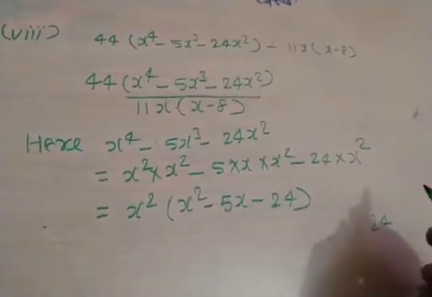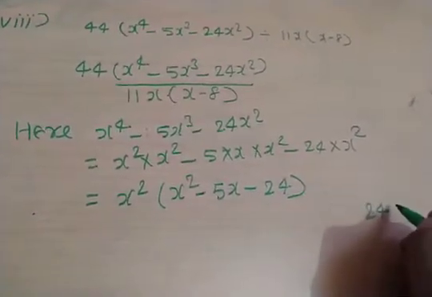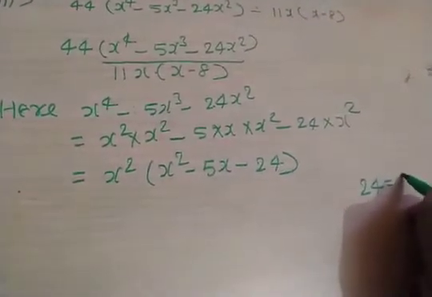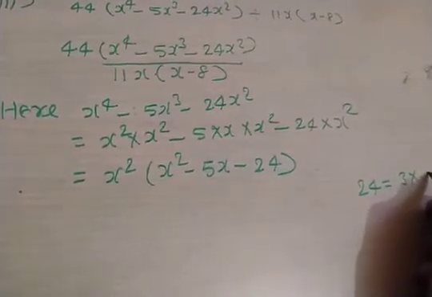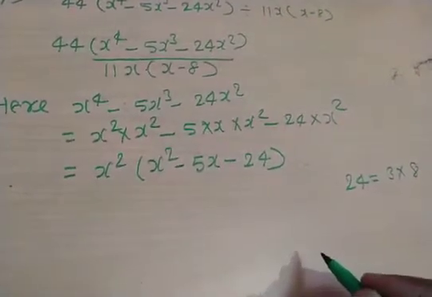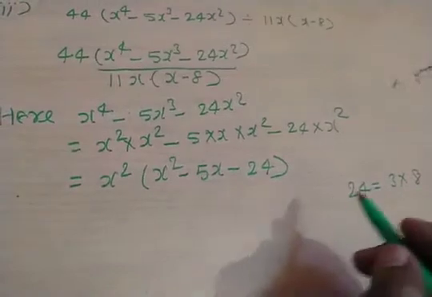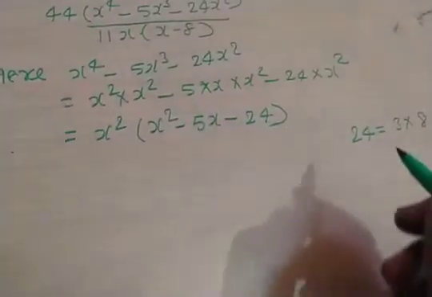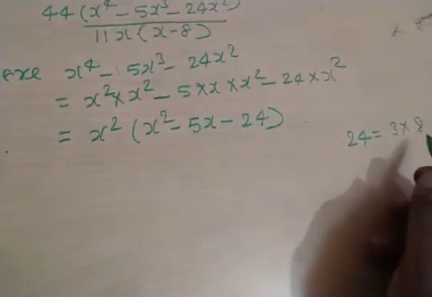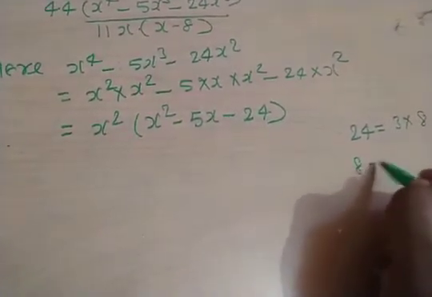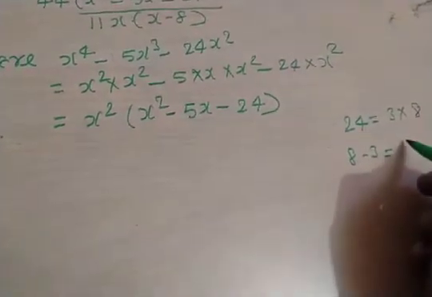So we factorize 24 such as 3 into 8 is 24. Okay, clear? We factorize 24 such that their difference is 5. The difference of these factors is 8 minus 3 is equal to 5.